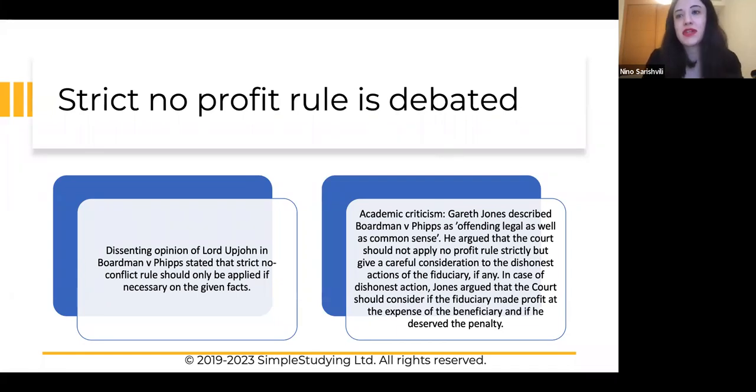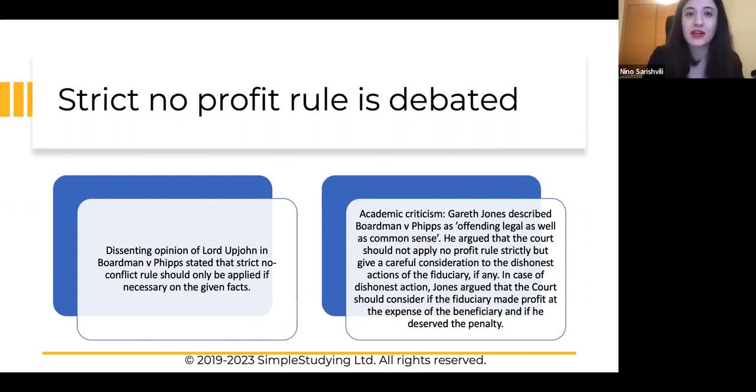This basically means that even if the fiduciary acts in good faith, and even if the fiduciary, by pursuing the opportunity in question, brings a lot of money to the trust or to the company, and it's actually a good thing, they can still be held liable for making unauthorized profits because it's a strict liability.